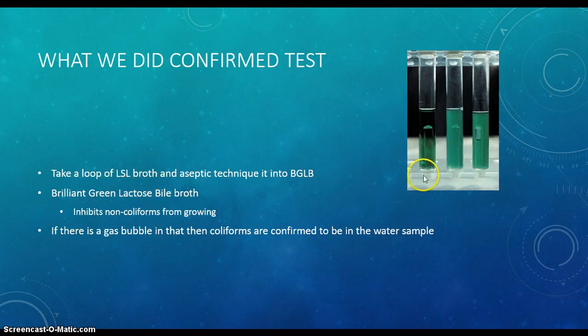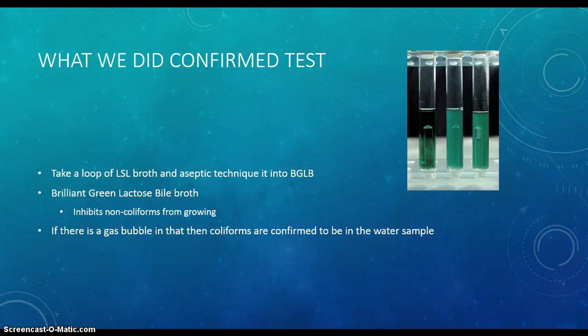So you want it to produce gas from lactose within 48 hours, incubated at 35 degrees Celsius. What this does is it inhibits non-coliforms from growing. So if there's a gas bubble and it's more turbid in here, then we know that it's confirmed to be a coliform in the water sample.